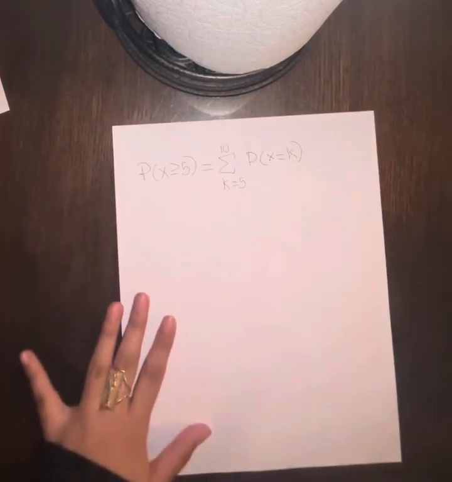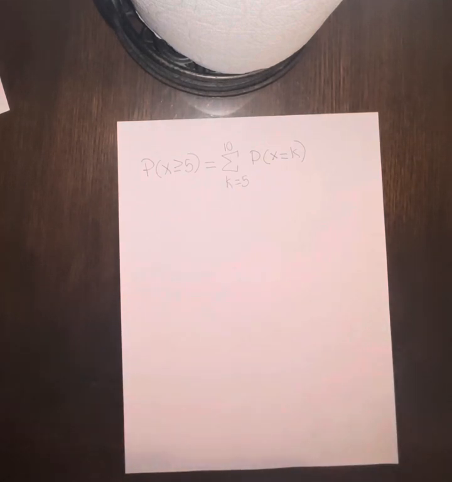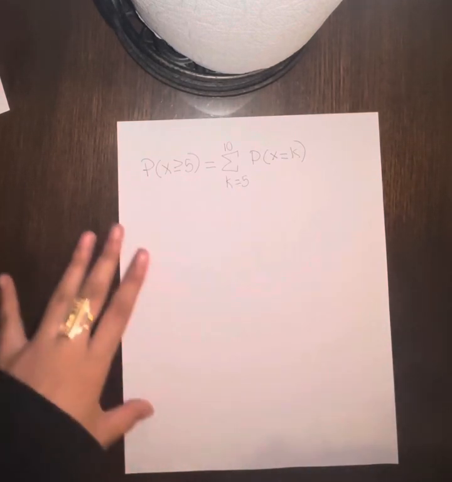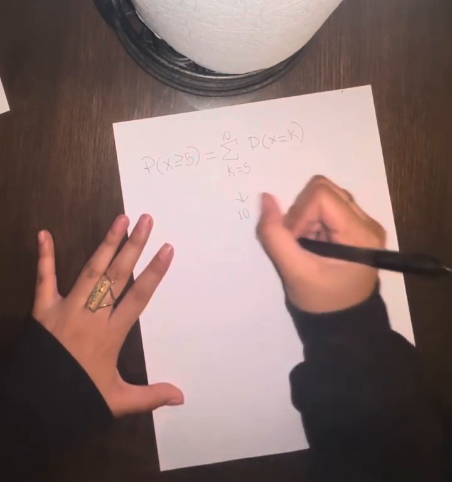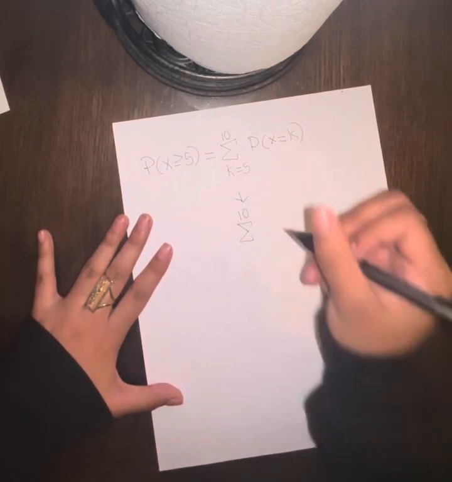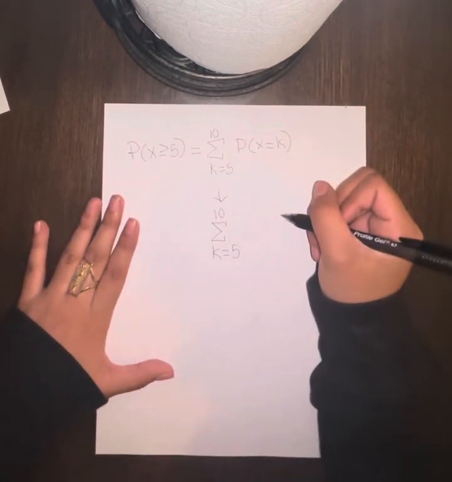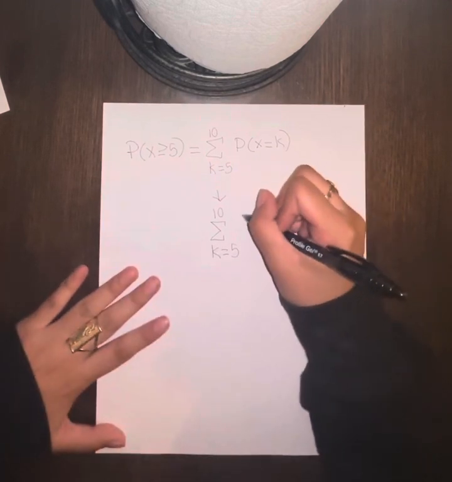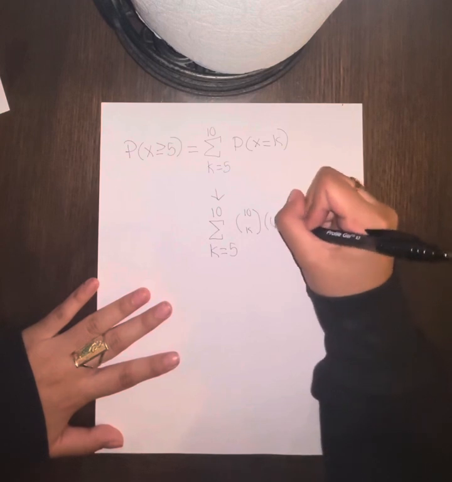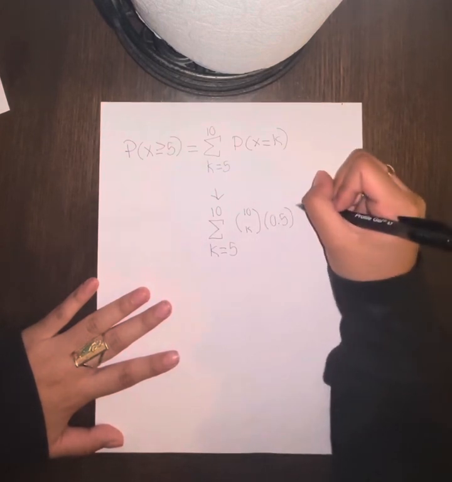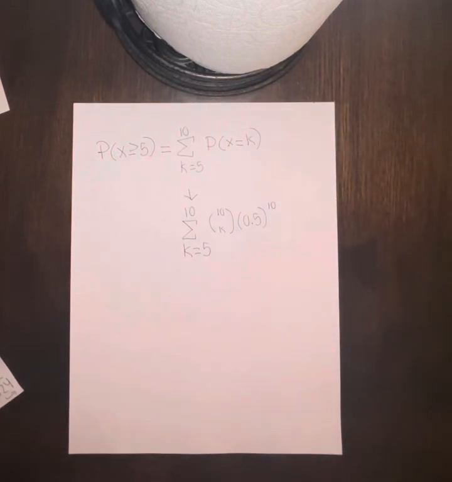This is basically just the summation times the previous formula or equation. So this would equal that. You're basically just plugging in the equation prior into here.